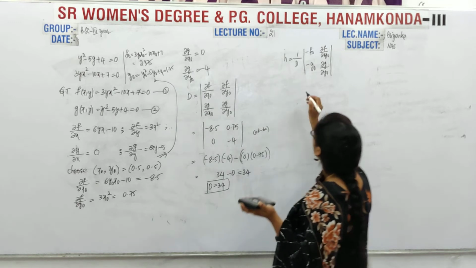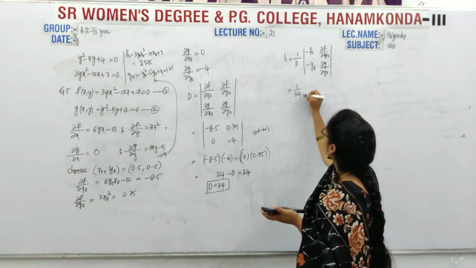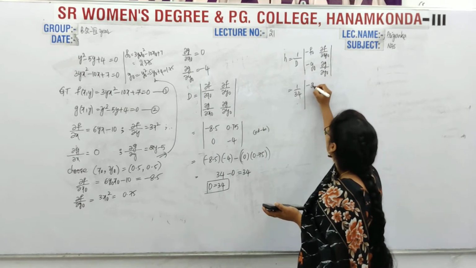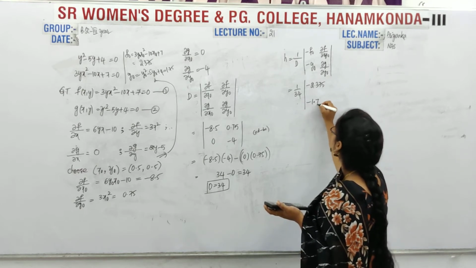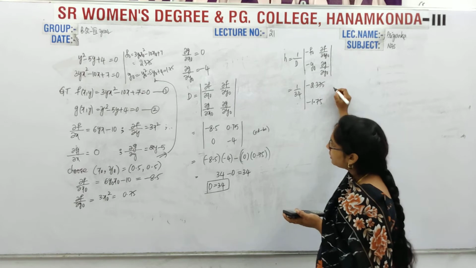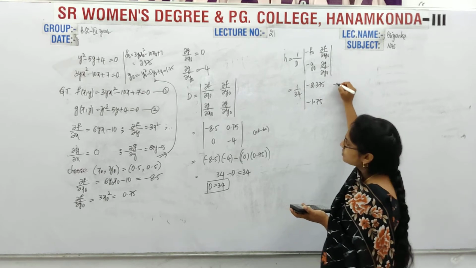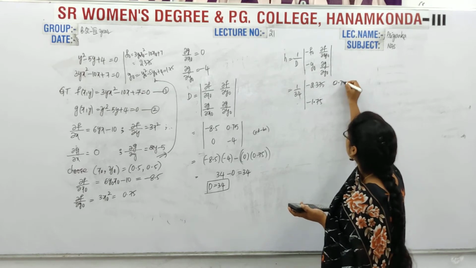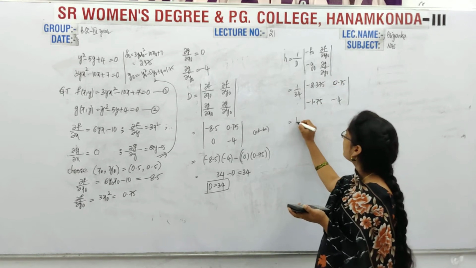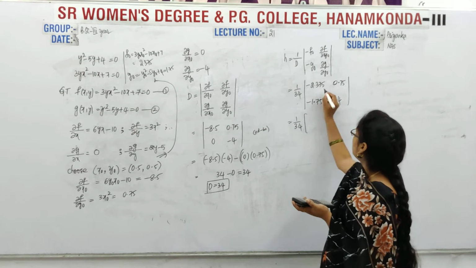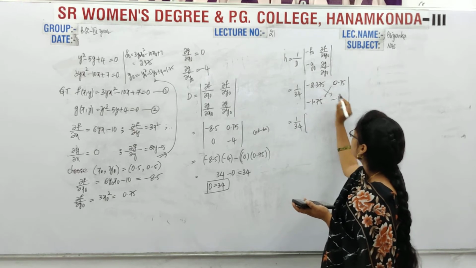So now we have the values. Now 1 by 34 of 2.375 minus 1.75. What is dou F by dou Y naught? Minus, sorry, 0.75. Dou G by dou Y naught is minus 4. Now 1 by 34 of the multiplication of these two and the multiplication of these two.